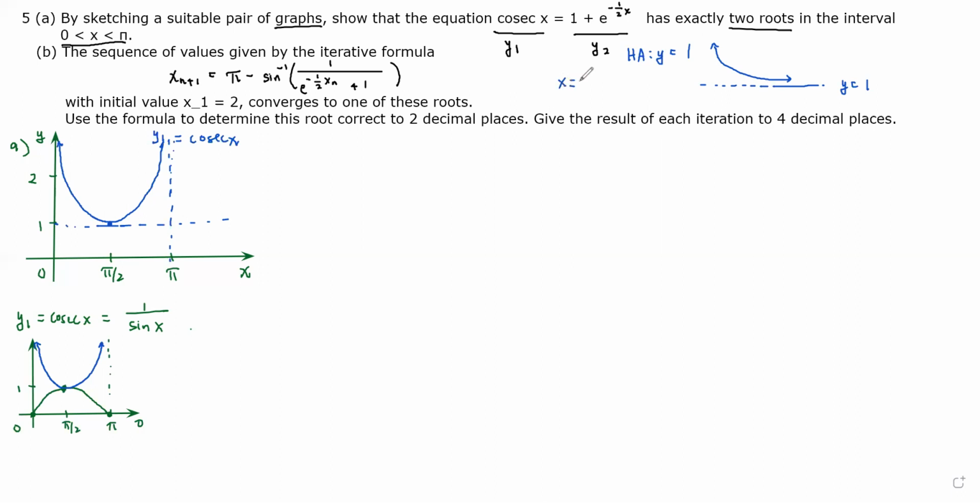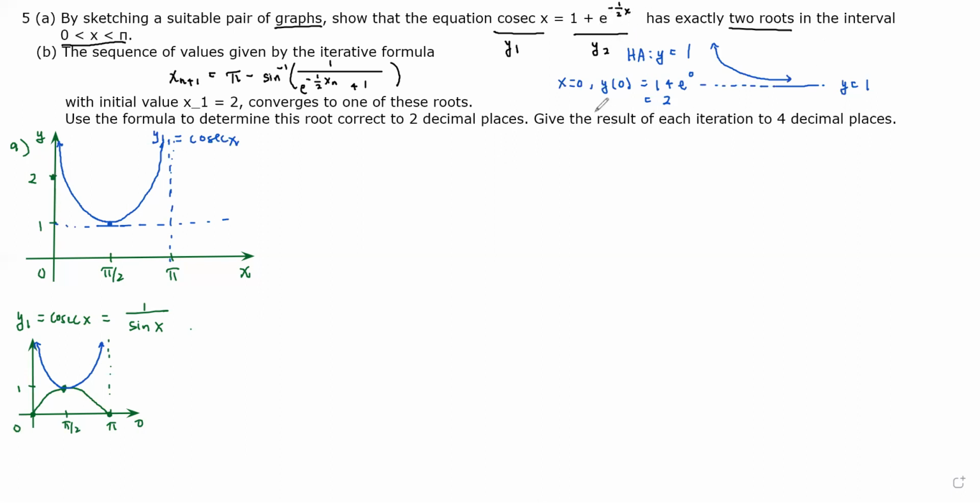When x is 0, we have y of 0 equals 1 plus e to the 0. That has a value of 2. So the y-intercept is at 2 for the graph y sub 2.